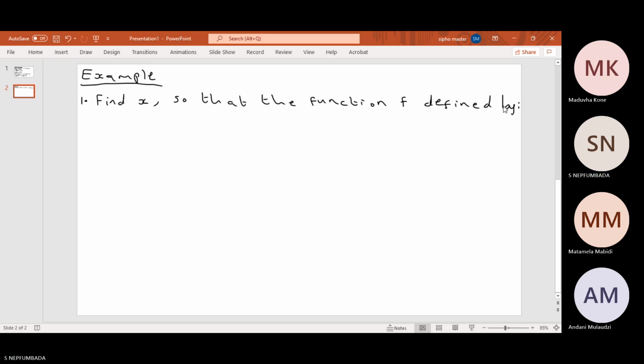Here your slide examples are not written in the way that the question must be written, but anyway, we'll just try to correct it.